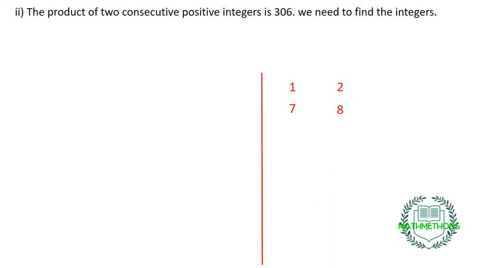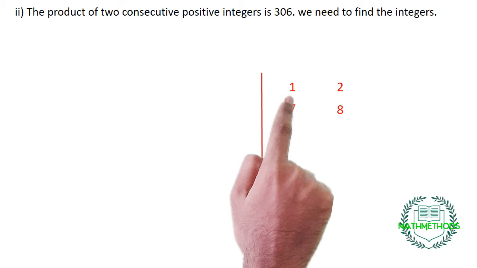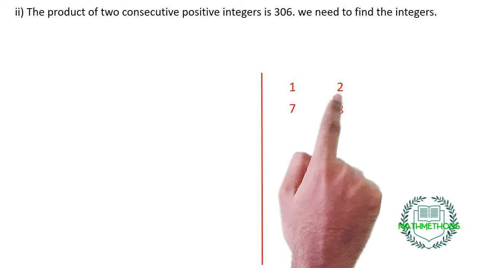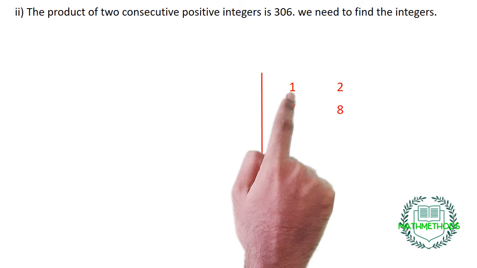In order to find the consecutive of any integer, we simply need to add 1 to that integer or subtract 1 from that integer. Like if we add 1 to the smaller integer 1, then we get its consecutive, that is 2. And if we subtract 1 from this 2, then we get its smaller consecutive, that is 1.